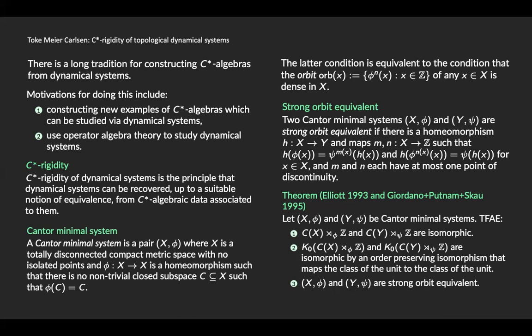I mean, the property of C-star algebras is that I guess they are more easily isomorphic than other kinds of systems. So I guess it's a bit rare to see this kind of C-star rigidity. Yeah, but it happens in some cases.